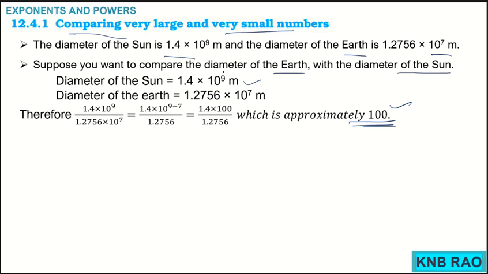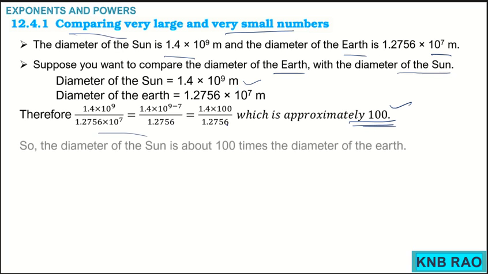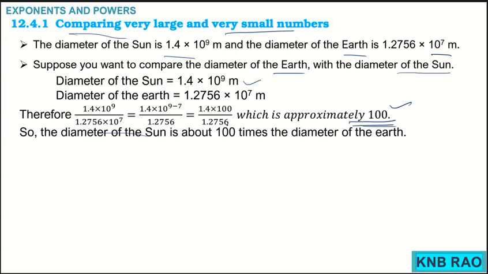Because of the 10 power 9 difference with the 10 power 7, you will have 100 times. Okay, here is the procedural way of checking. So the diameter of the sun is about 100 times the diameter of the earth.